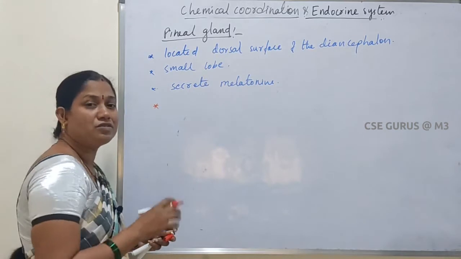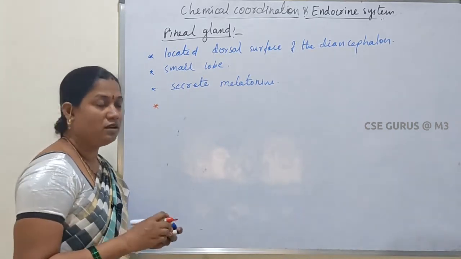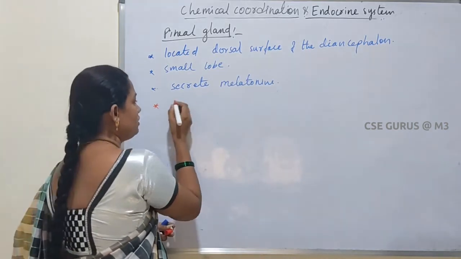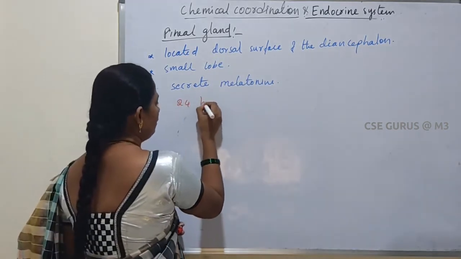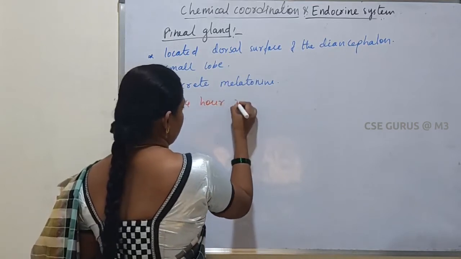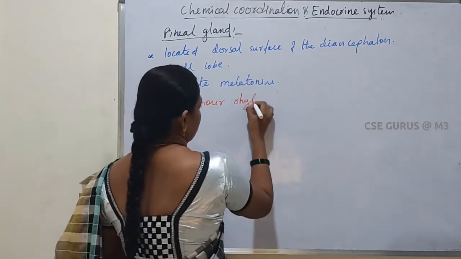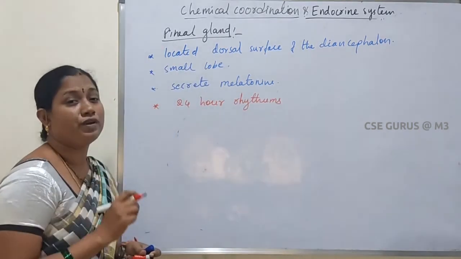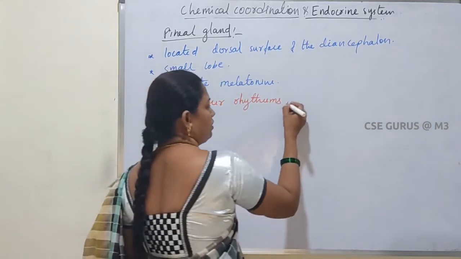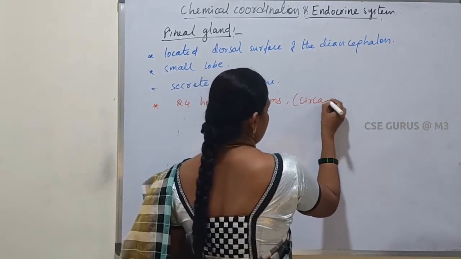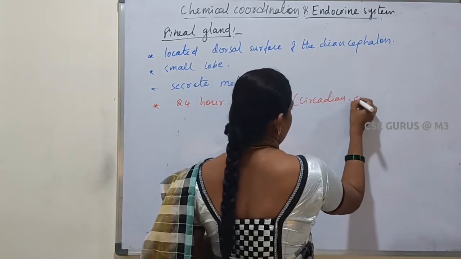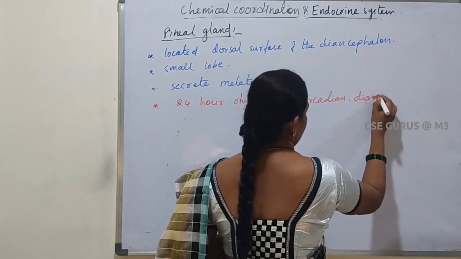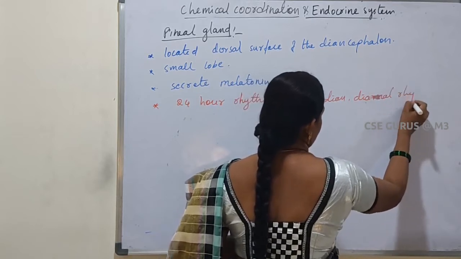Mainly in human beings, melatonin hormone regulates or stimulates the 24-hour rhythms, or circadian and diurnal rhythms.